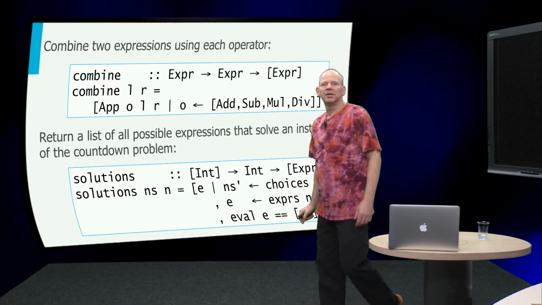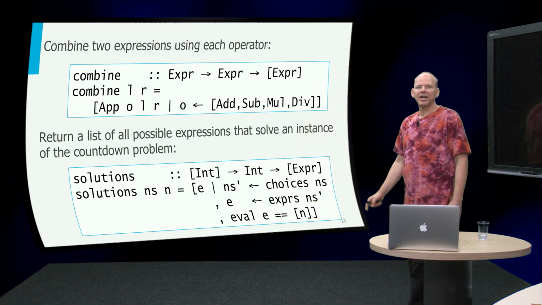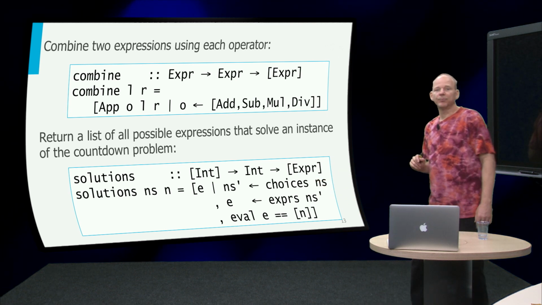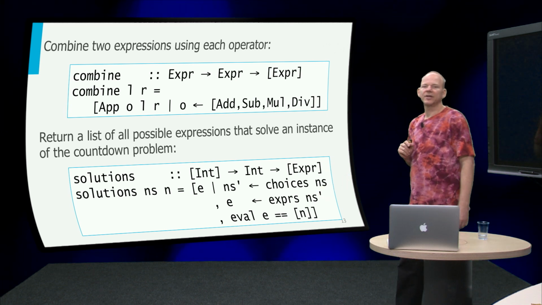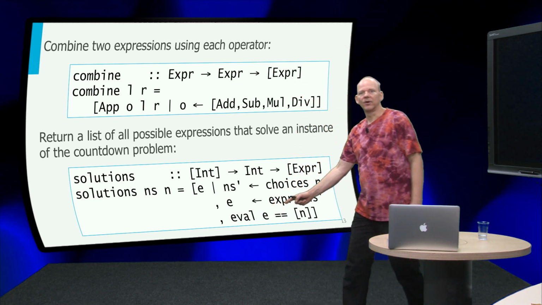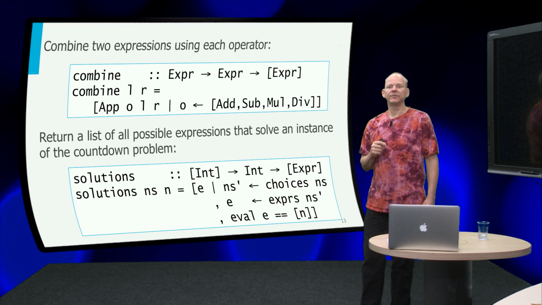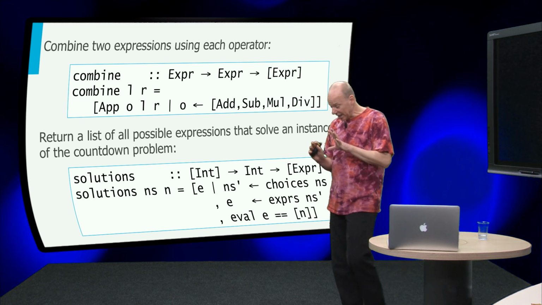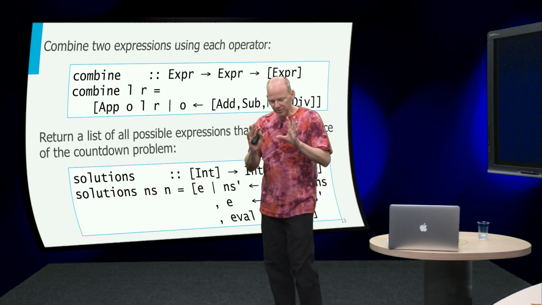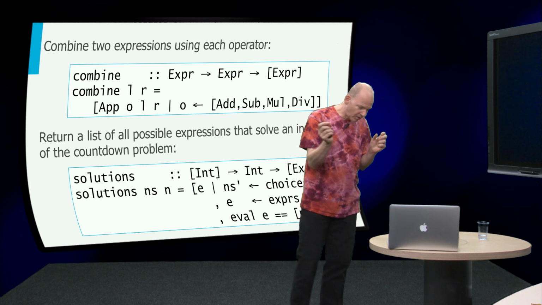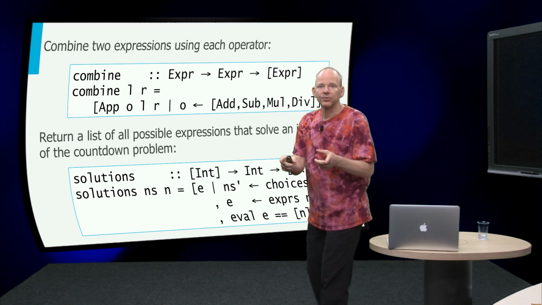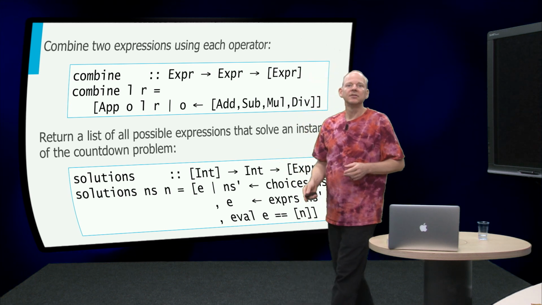And then we can write a list comprehension that says: give me all the choices from the input list, brute force create all the expressions, and make sure that the value is the required value. So this solution here is a more or less one-to-one translation of the original problem. It's super brute force, but it works.